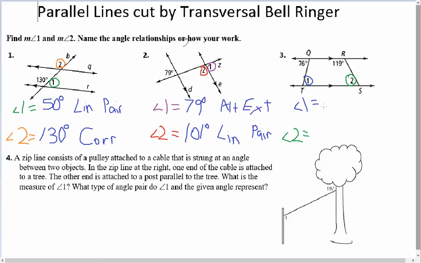Alright, finally number 3. So line QT gives us the transversal, and I see that 76 and 1 are on opposite sides of the transversal, but they're both inside of the parallels. So that tells me it's alternate interior.